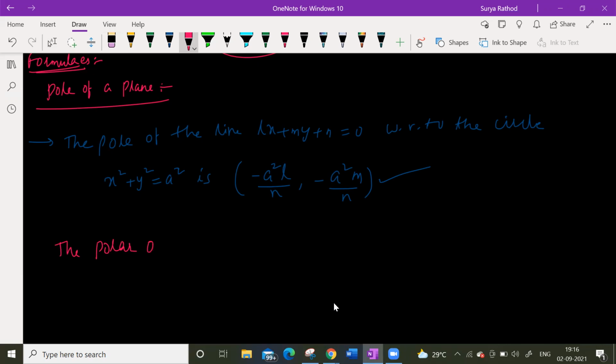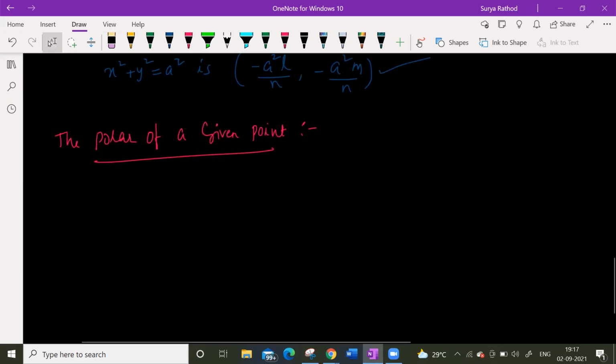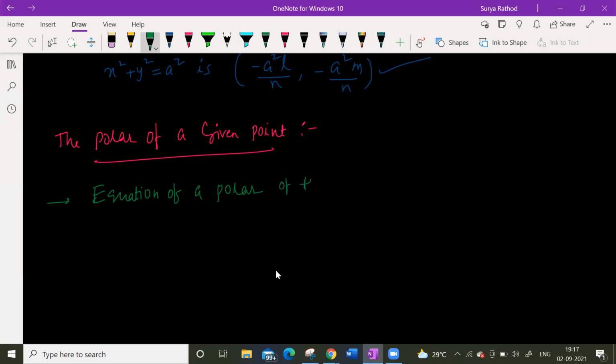The polar of a given point. The pole of the given point is what? Look at this. Equation of a polar of the circle.